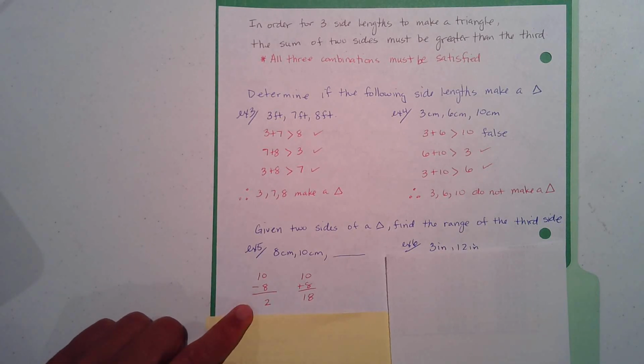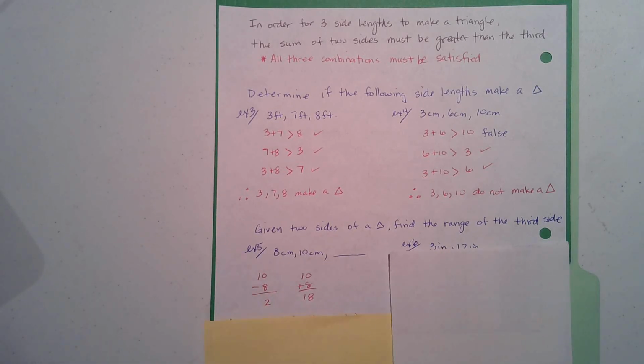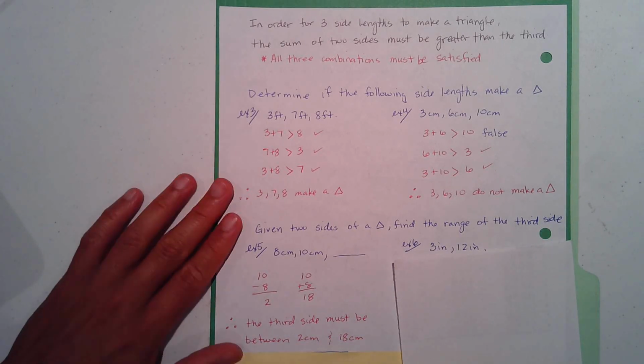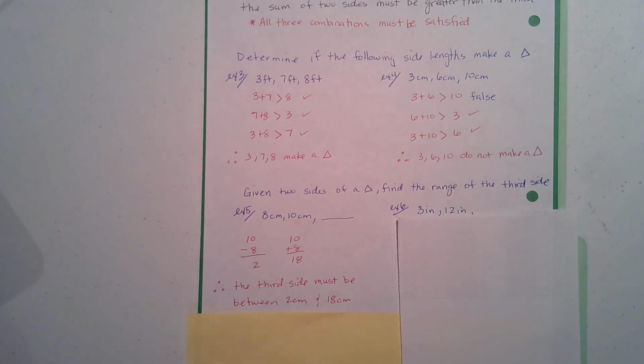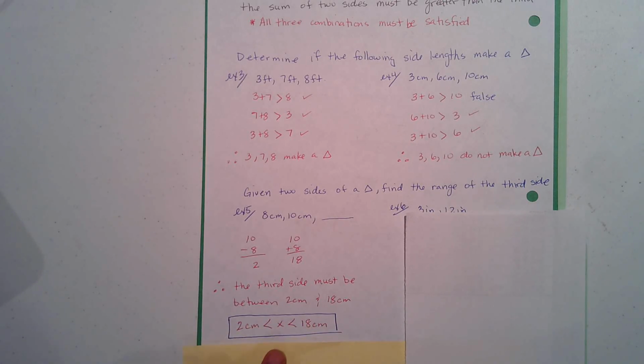So 10 minus 8 is 2, 10 plus 8 is 18. Therefore, the third side must be between 2 centimeters and 18 centimeters. To write that, you will say X is greater than 2 cm and less than 18 cm. So any numbers between 2 and 18 will satisfy this condition.